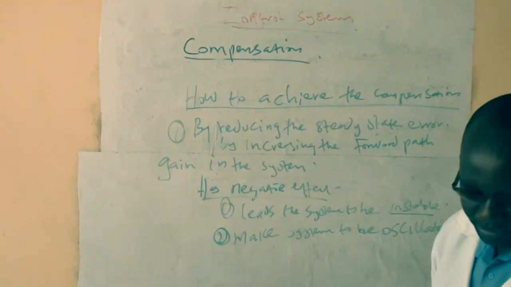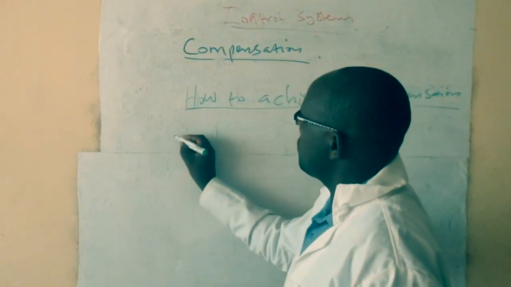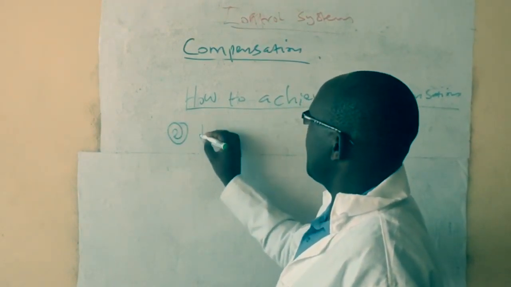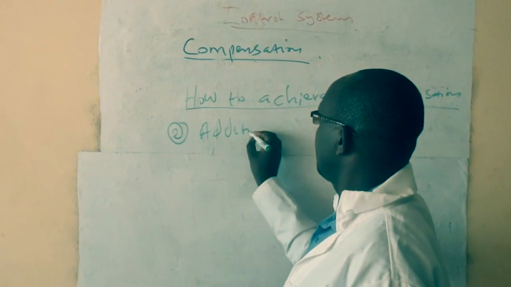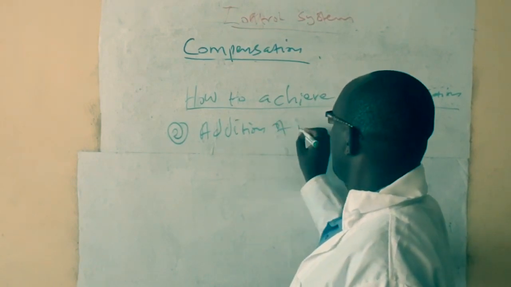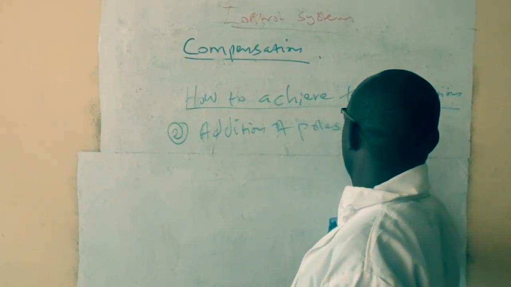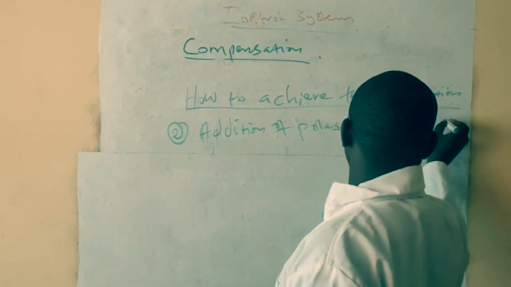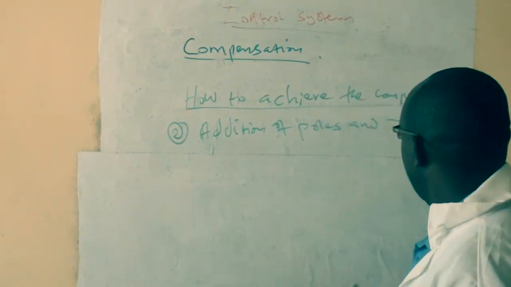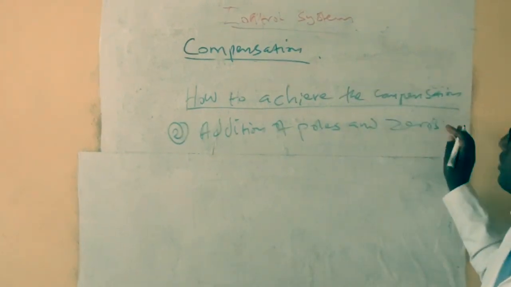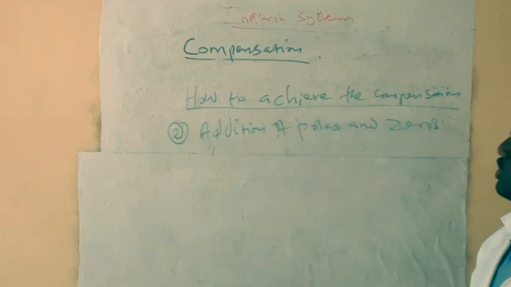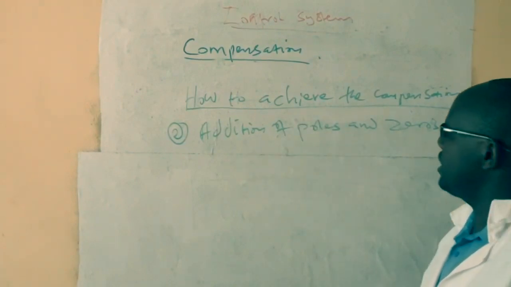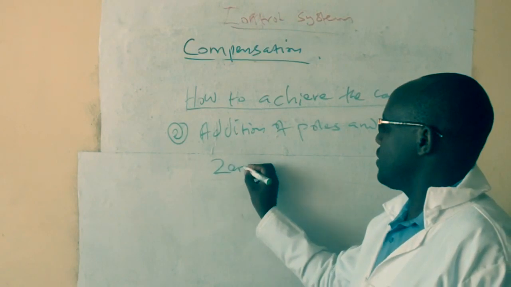Another method, number 2, is the addition of poles and zeros. This is another method of achieving the compensation. Let's start with zeros.